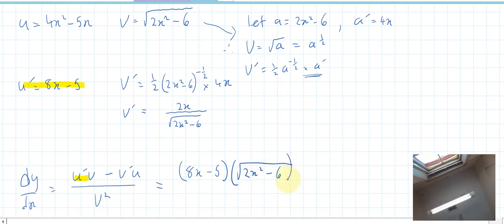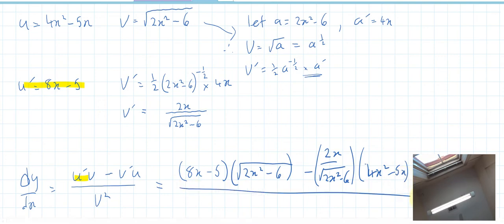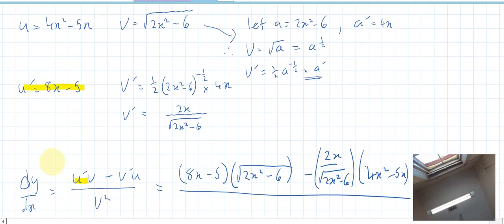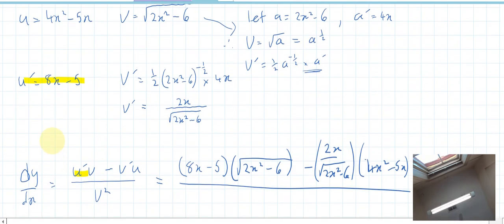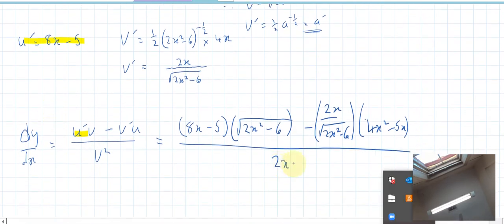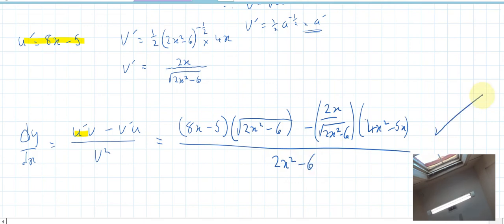Subtract v dash, 2x over the square root of 2x squared take 6, multiplied by u, 4x squared take 5x, divided by v squared. V squared just removes the square root, so it becomes 2x squared take 6. And that is as far as we go.